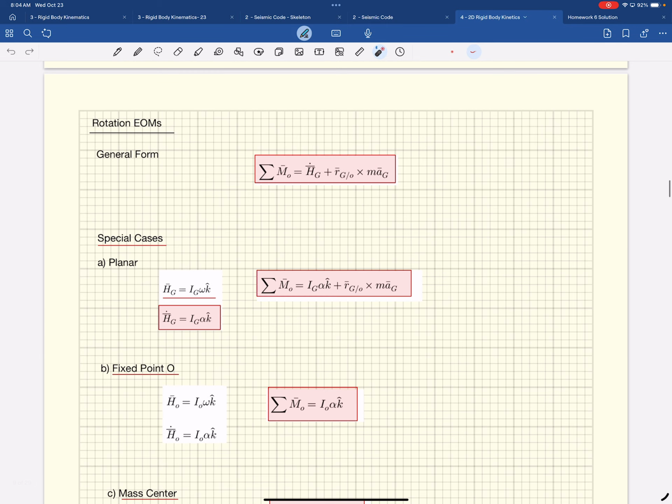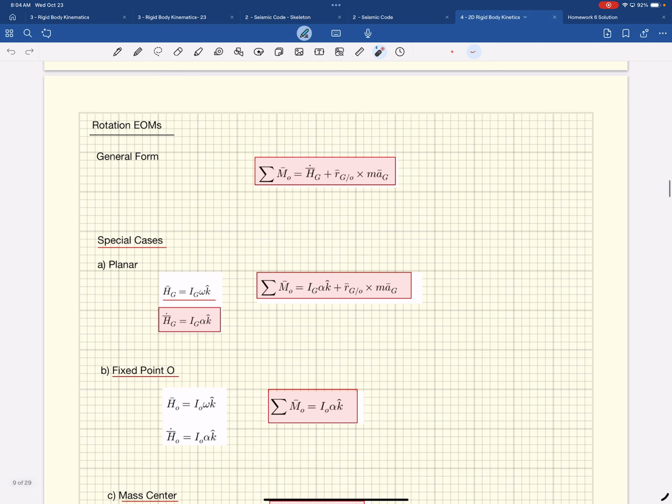Because we're trying to get a relationship between moments and accelerations, summing the moments is equal to the derivative of H_G, plus r_G as seen from O crossed with m a_G. This is really analogous to r cross F, which is what an actual moment is, but instead of r cross F, it's r cross m a_G. This is the most general form of this equation that we can get.